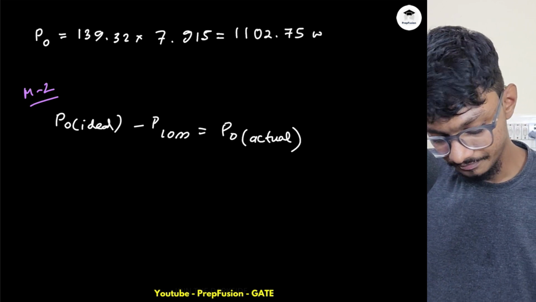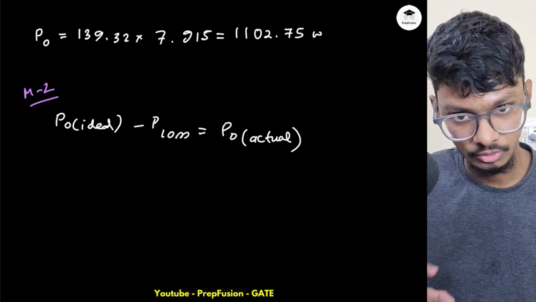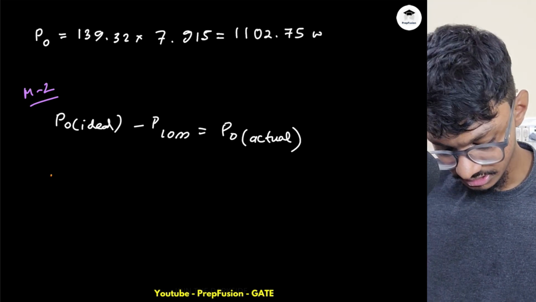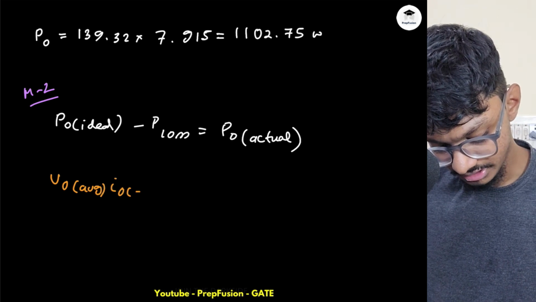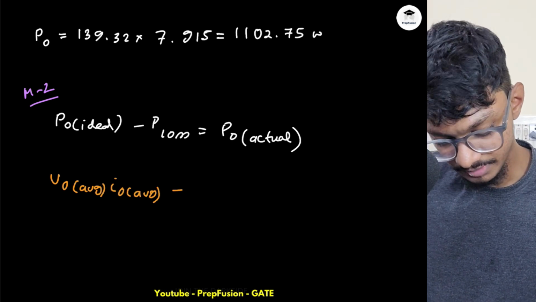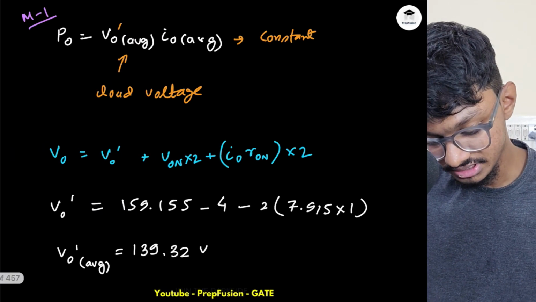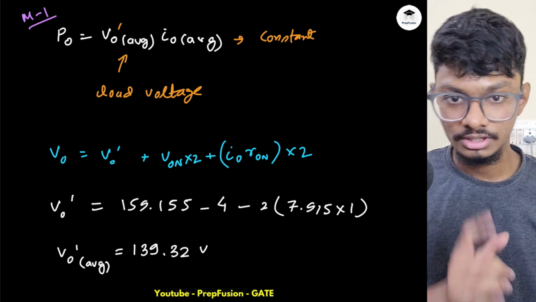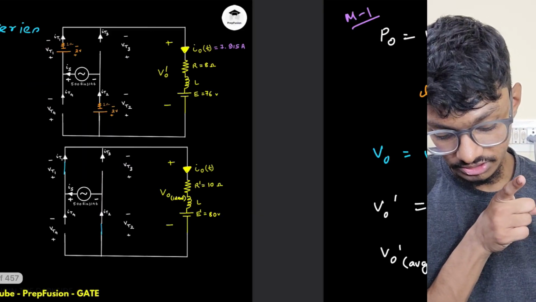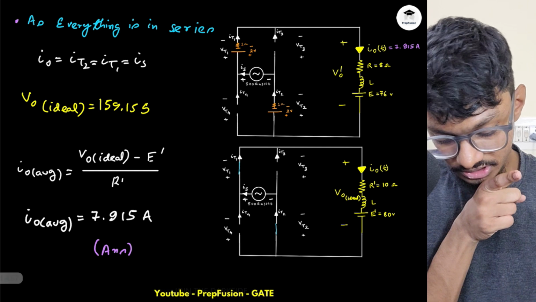So what is PO ideal? As the load is DC, I can directly write this as VO average into IO average, and this is the ideal case, minus P loss. What is P loss? P loss is throughout this thyristor. Current is constant. What is the loss across resistors?